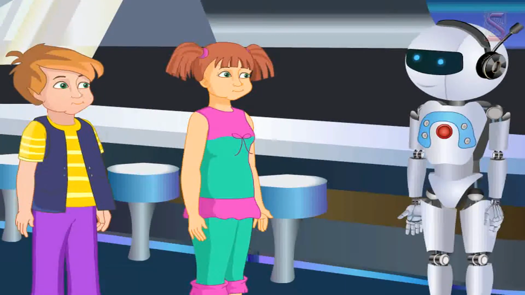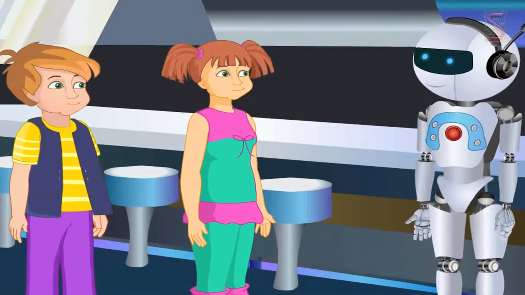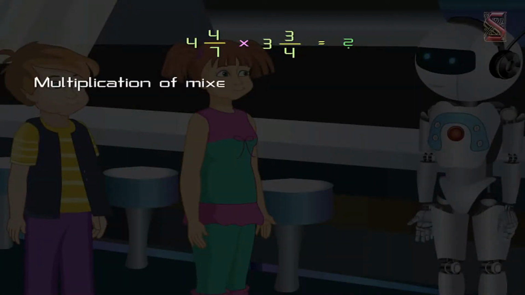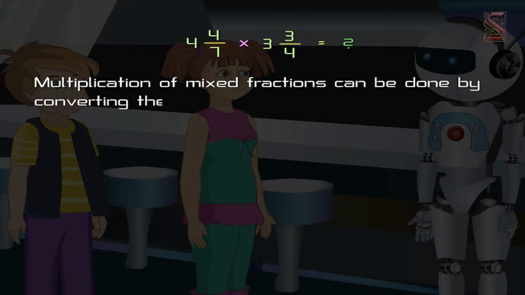For example, consider the multiplication of 4 by 7 and 3 by 4. Multiplication of mixed fractions can be done by converting them into improper fractions and then multiplying them.